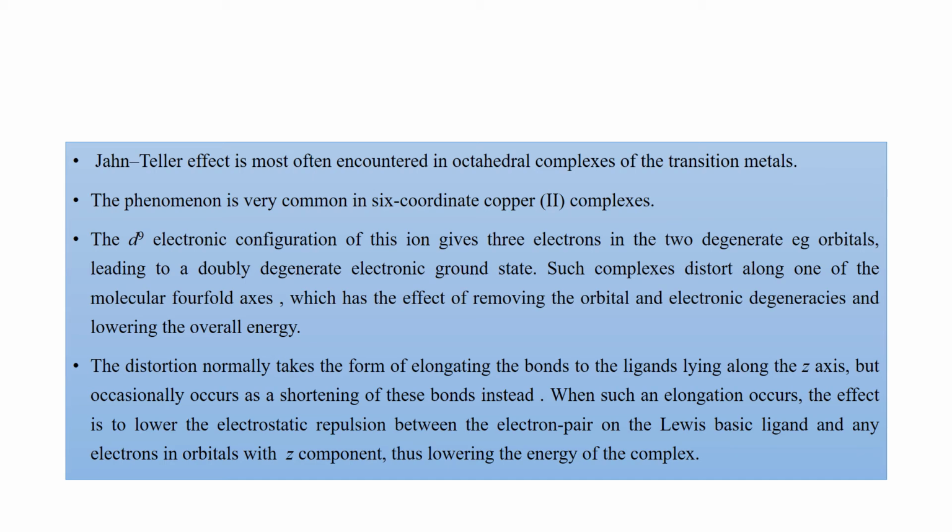Jahn-Teller effect is most often encountered in octahedral complexes of transition metals. This phenomenon is very common in 6-coordinate copper-2 complexes. The d9 electronic configuration of this complex ion puts 3 electrons into 2 degenerate Eg orbitals, leading to a doubly degenerate electronic ground state.